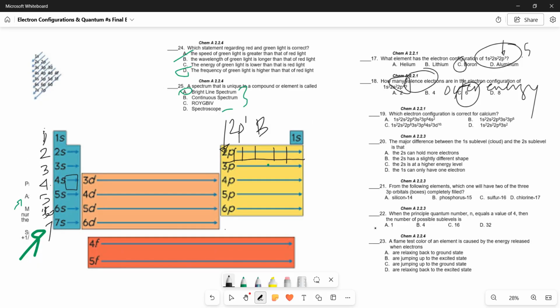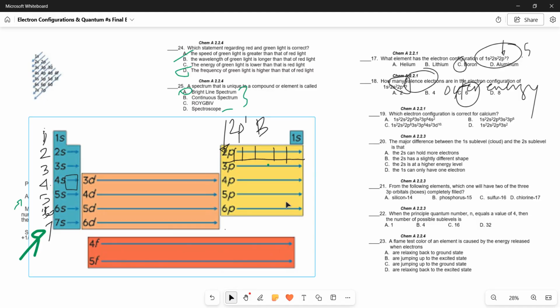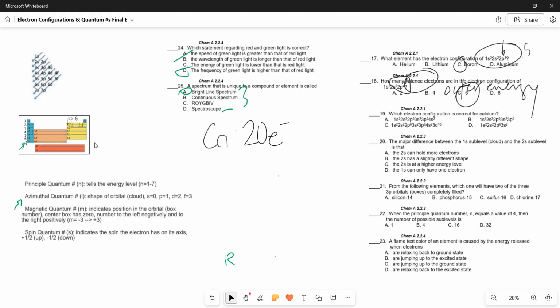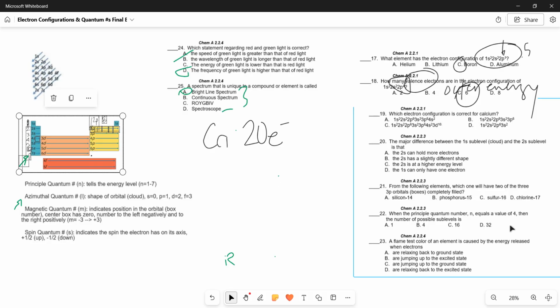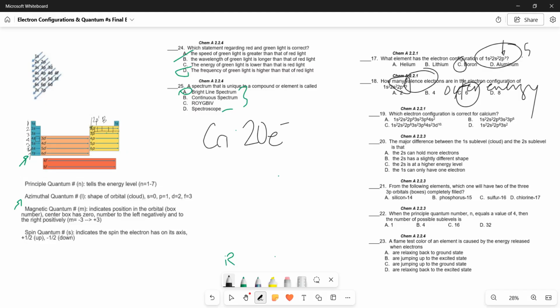I can follow the diagonal rule until I get to 4s2, or I could just read the periodic table. But if I just quickly look at my choices here in this problem, the only one that lands on 4s2 is A. Be careful, though, that they're written correctly. You could have all of them landing on 4s2, but they're not written correctly, and you want to make sure you pick the one that's correct.